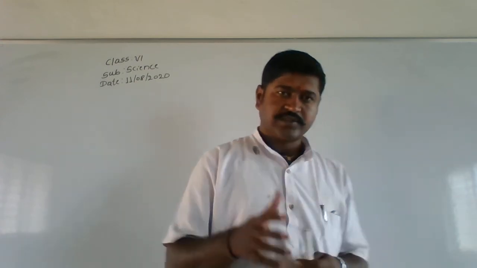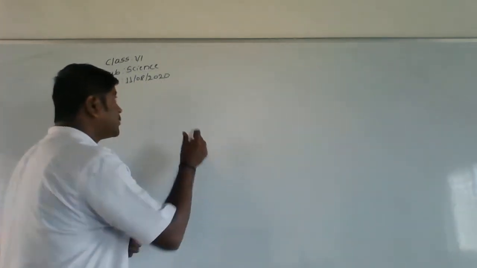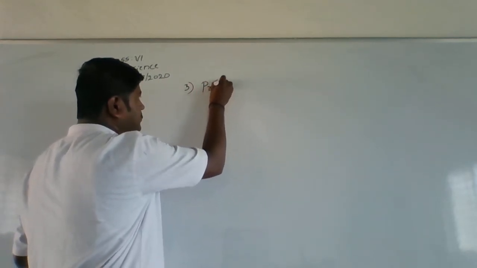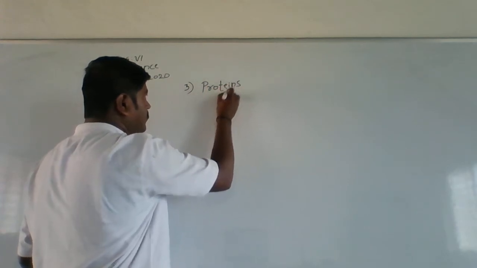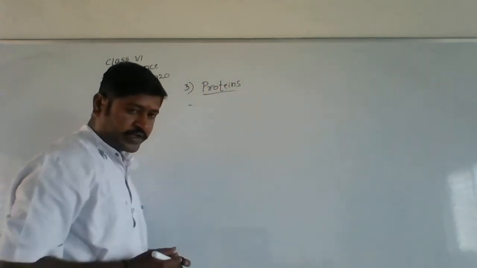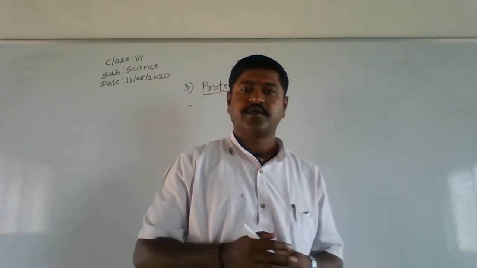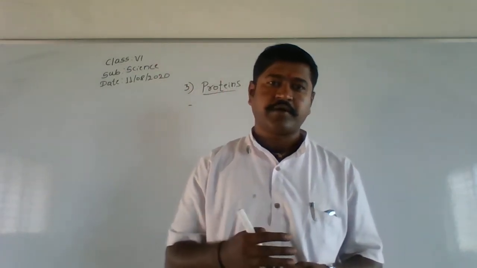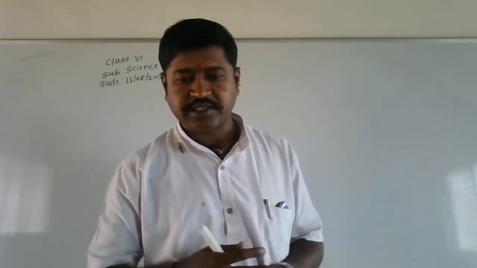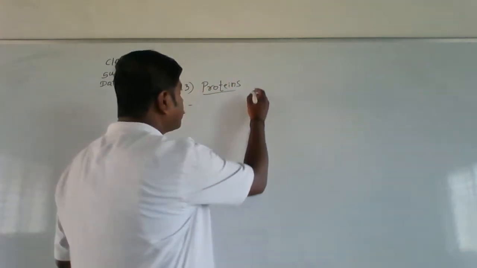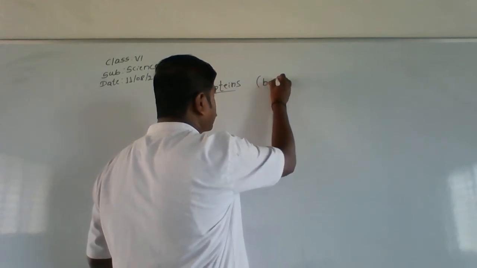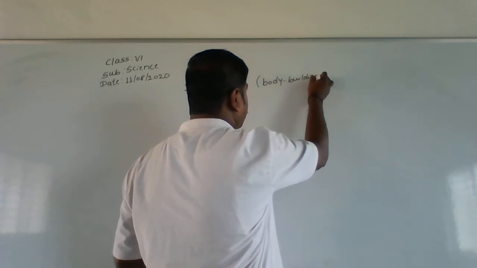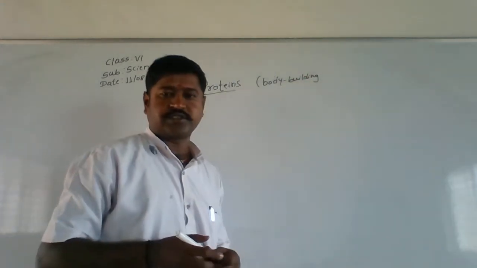So today we'll be starting with the third main nutrient called proteins. These help in building our body. These help in building new cells in our body. That is why these are called bodybuilding foods.